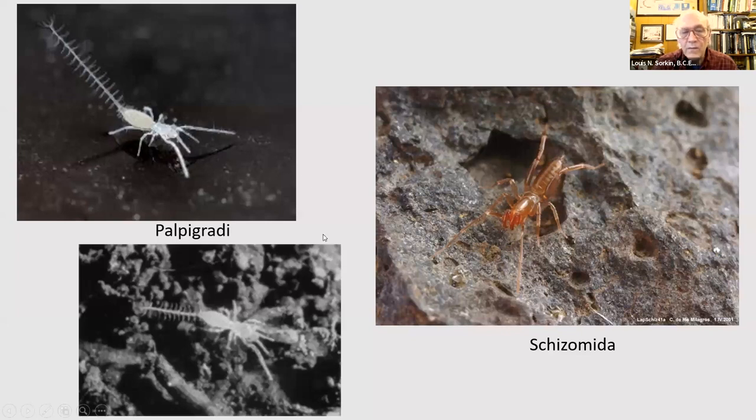It's a minute leaf litter to actually cave dwelling creature, and schizomids are a type of micro whip scorpion, I think is a common name. The front legs also are modified for sensory structure, antenniform, and the pedipalps are elongate, but for grasping.